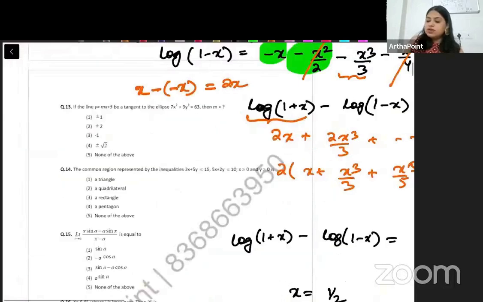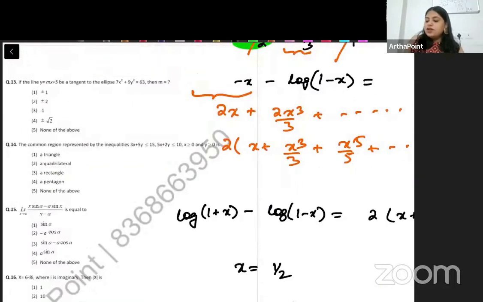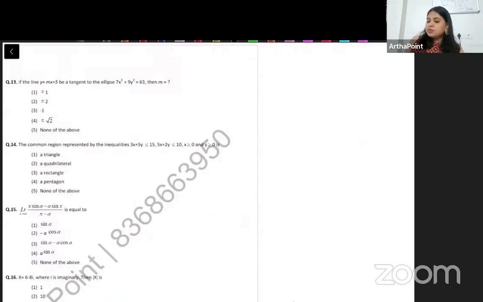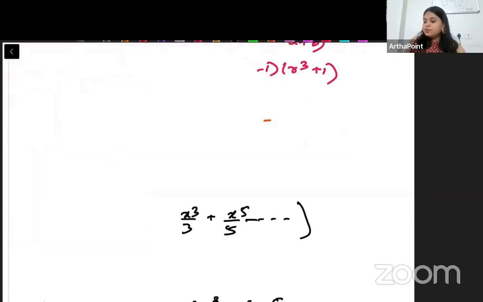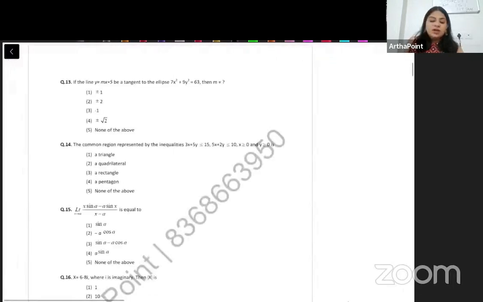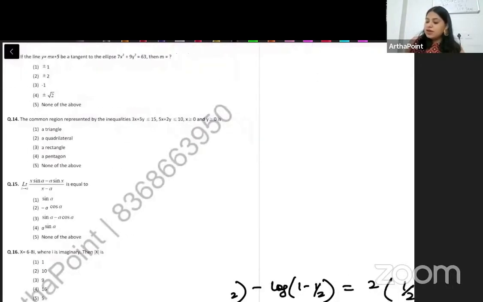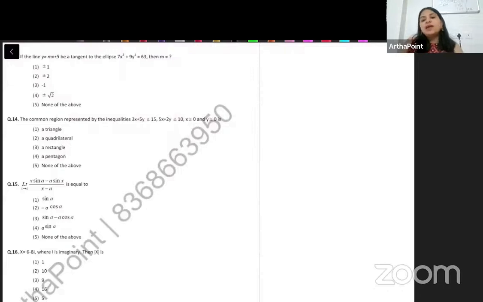So question number 13 is what I'm going to take now. If the line y is equal to mx plus 5 be tangent to the ellipse 7x square plus 9y square is equal to 63, then m is.